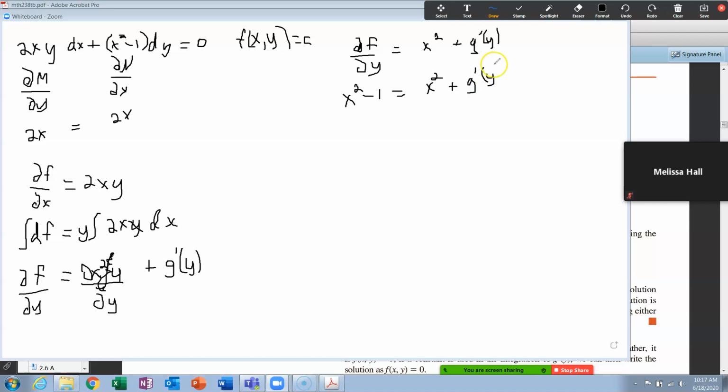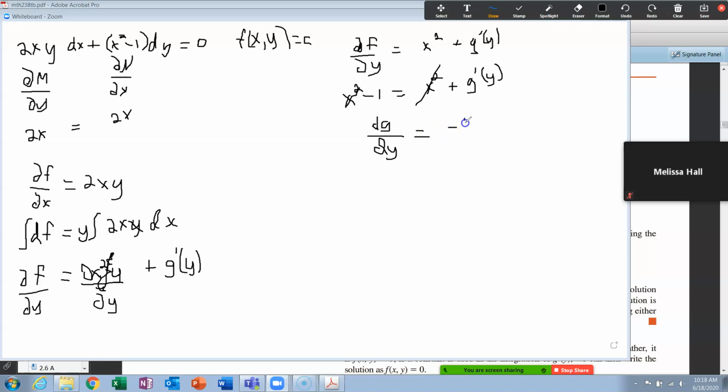Because guess what happens now? We need to solve this for g prime, but you subtract off your x squareds, and they go out of there. So now you have dg dy, that's a d now, not a partial, even though it looks sort of curly, it's equal to minus 1.